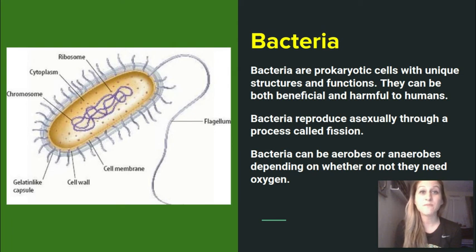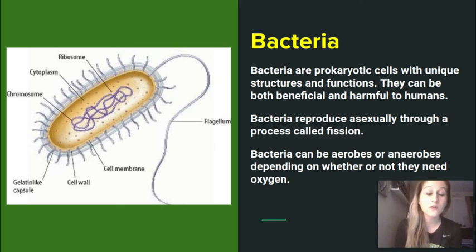They do not have membrane-bound structures like you would typically find in an animal cell or a plant cell. So all the organelles that we've learned about so far over the past week or so have been in eukaryotic cells. That means that they do have a nucleus. So bacteria are a little bit different already because they are prokaryotic.